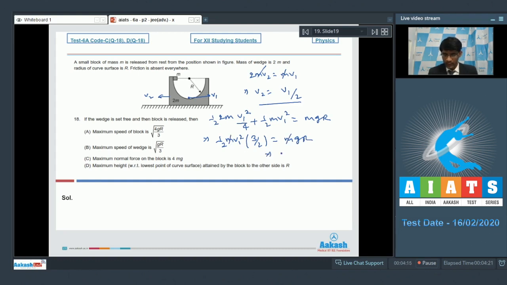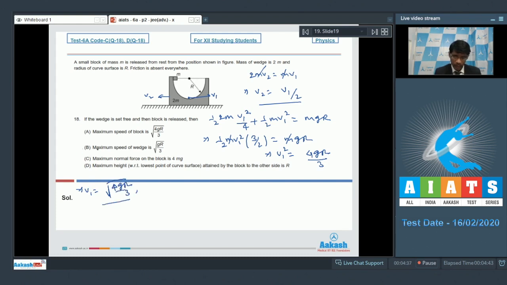So we are getting v1 square equal to 4gr divided by 3. So the maximum speed of the block, that was v1 itself, is the correct answer. It is square root of 4gr by 3.